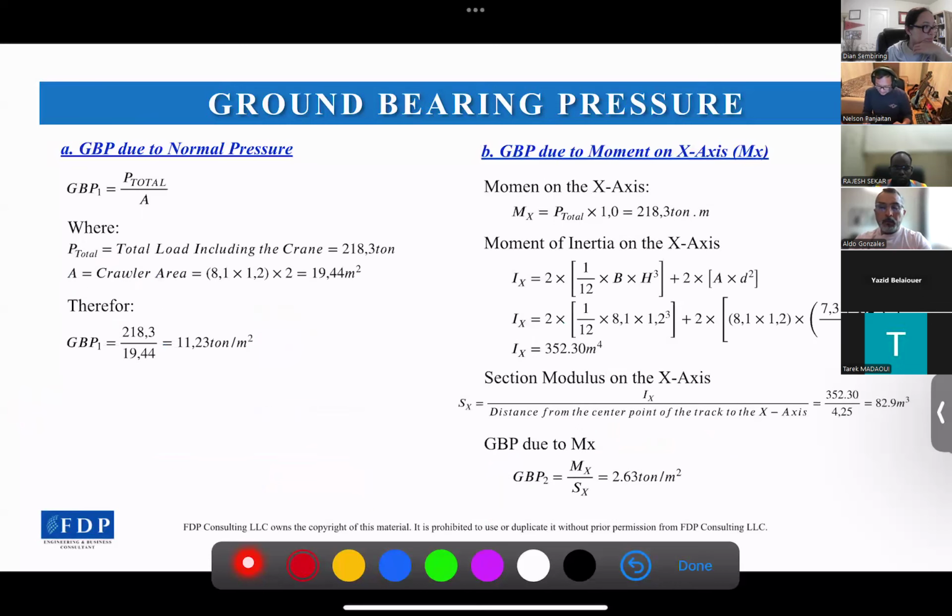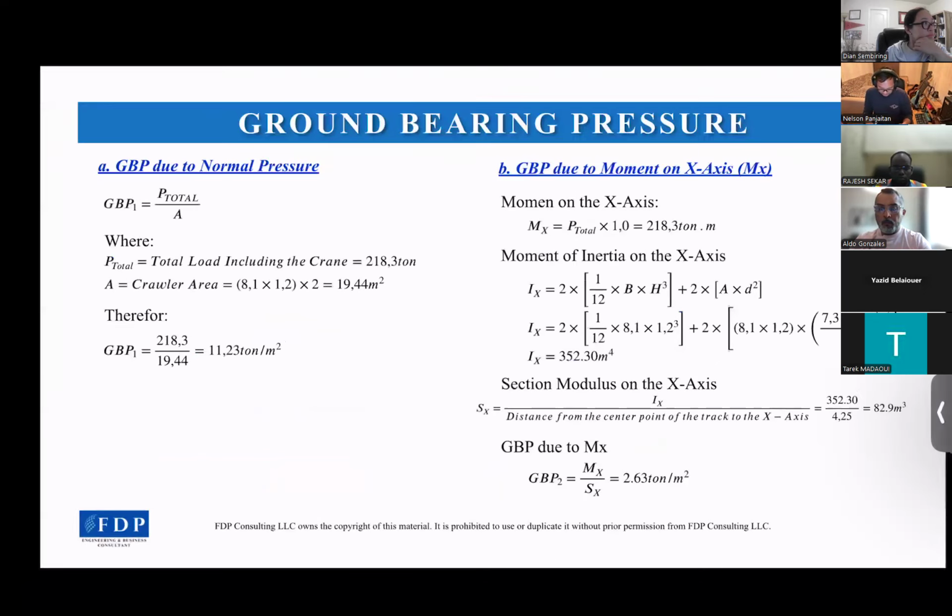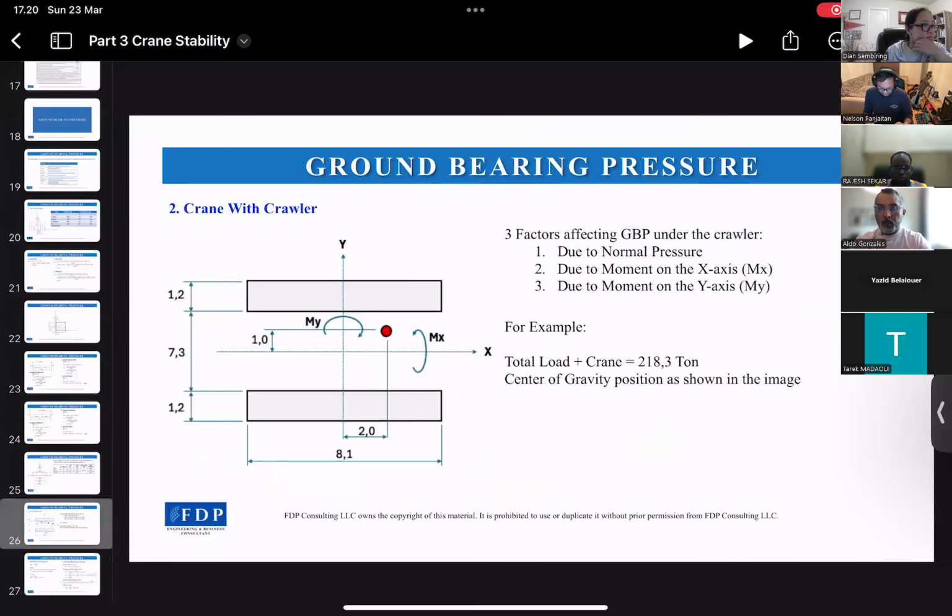So I think it will be simpler if we just follow this formula. Sorry, the center of the axis, yes, is usually the slewing center of the crane. To be clear, yes, correct.